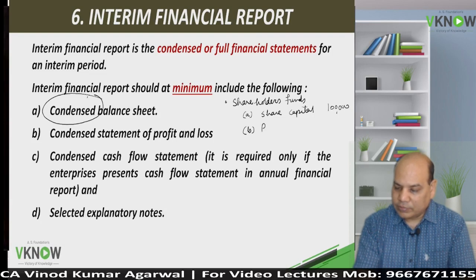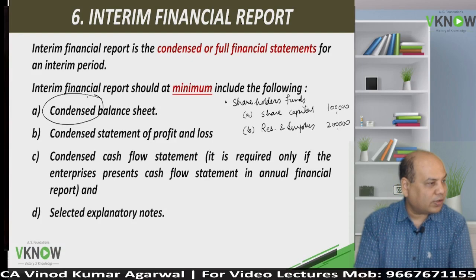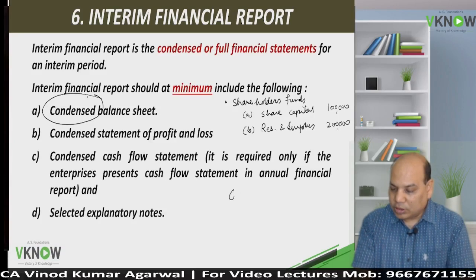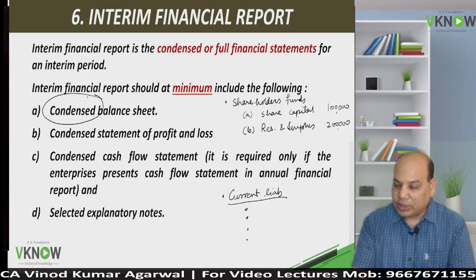I will write reserves and surplus, whatever is the total, without going into the detailed presentation of reserves and surplus. Similarly, suppose I have to write current liabilities. In the balance sheet, I will only write the headings and subheadings without going into detailed presentation. For example, we can write short-term borrowing.